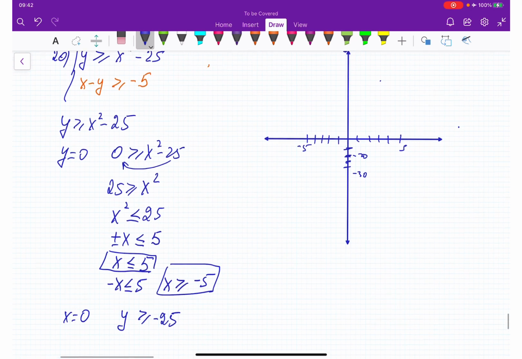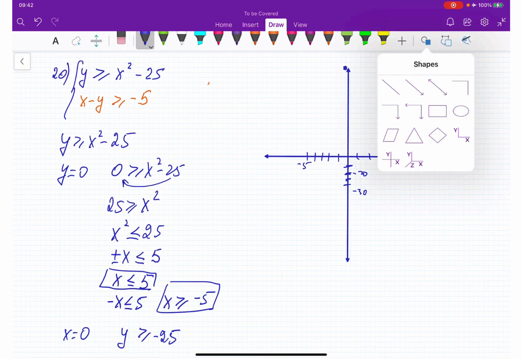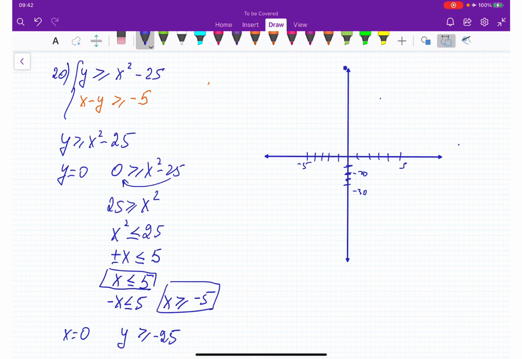Okay, negative 30, negative 20, so this will be 25. And the graph is gonna go, let me see if I can use some shape. Let me try this one. Okay. Okay, I can take more this 25. I don't like it. Let's see, let's assume my 25 is here. The 25.